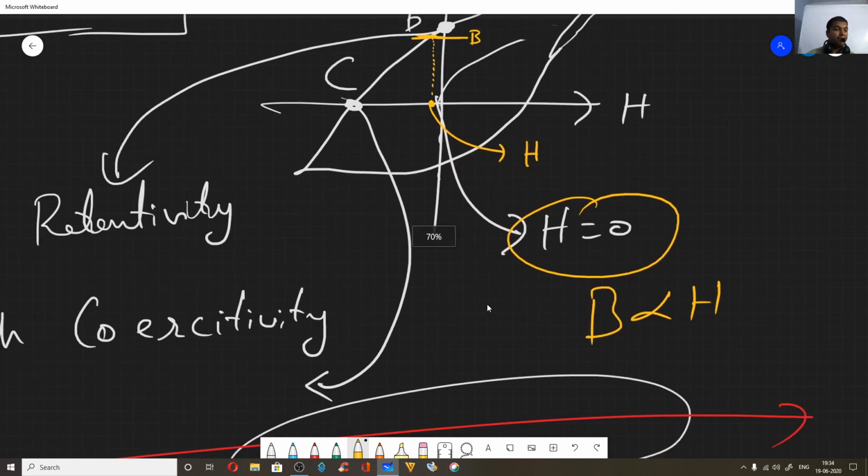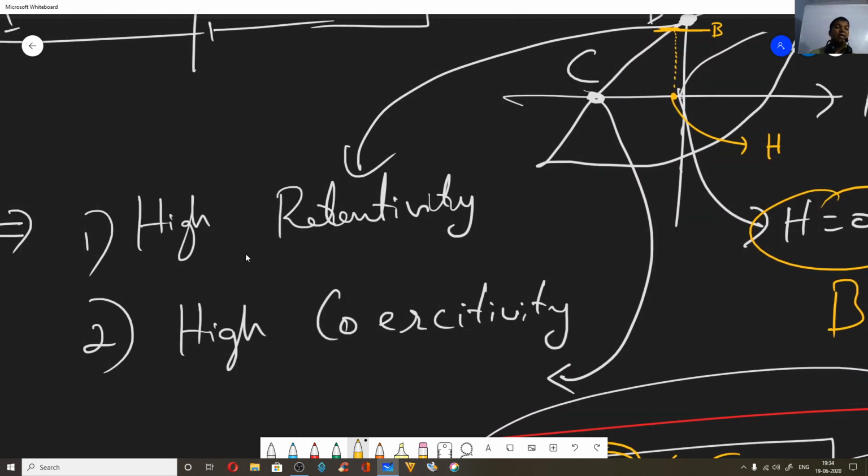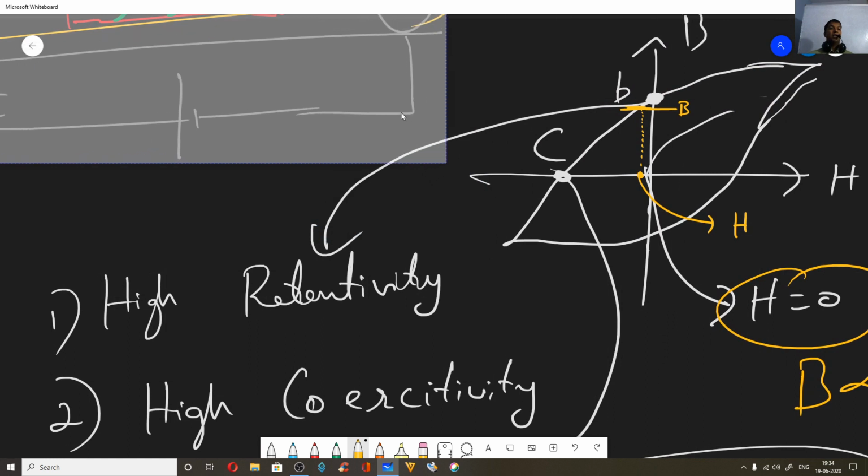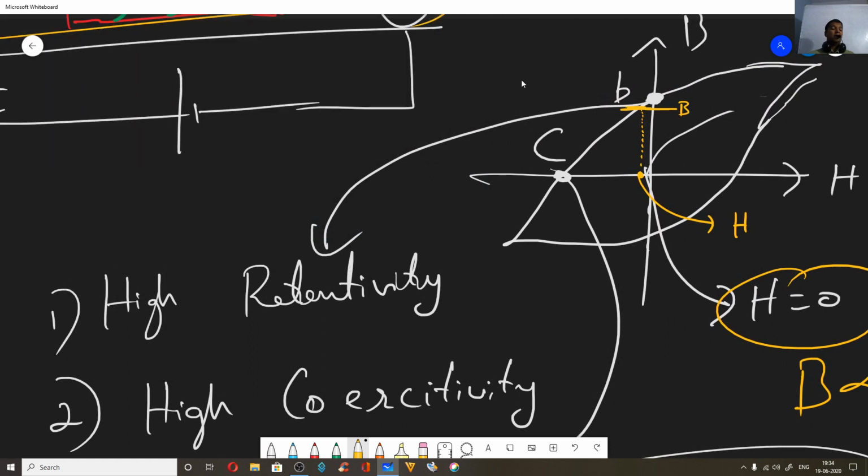That is why we will choose material having high retentivity. That means even after the current in the solenoid is made zero, as soon as you take it out of the solenoid, it must behave like a magnet. So that is the main purpose of calling it a permanent magnet, right?